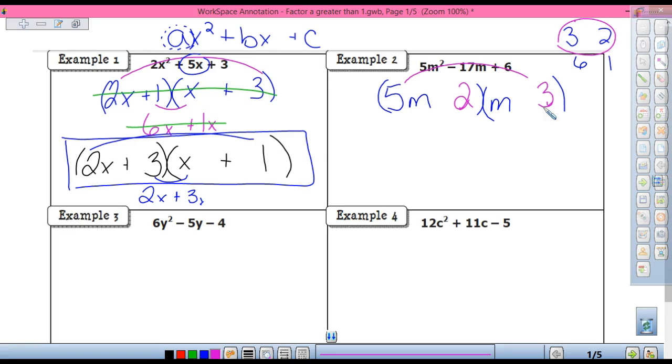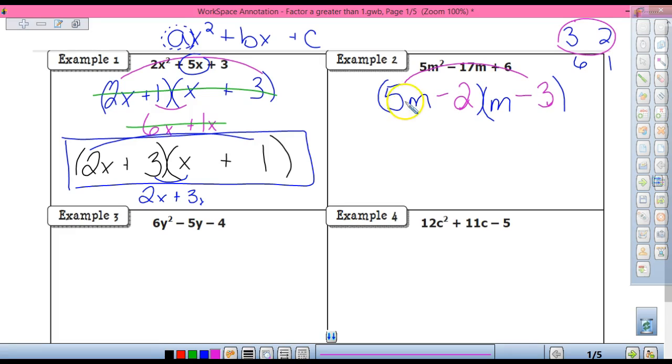Now I've got to figure out my signs. Where are my signs going to be in these? They've got to be both minuses, because a minus times a minus is going to give me that plus 6. Okay?